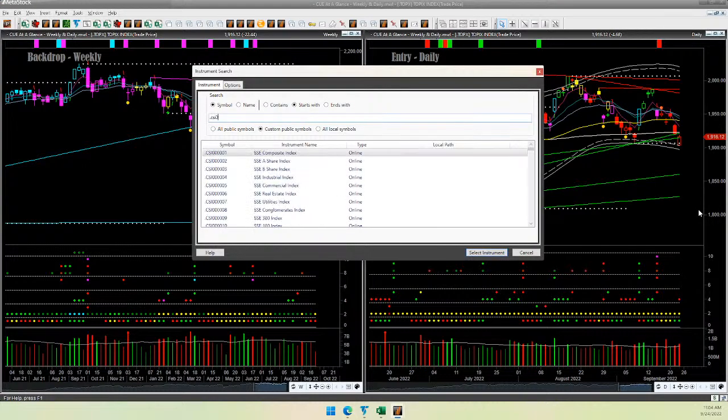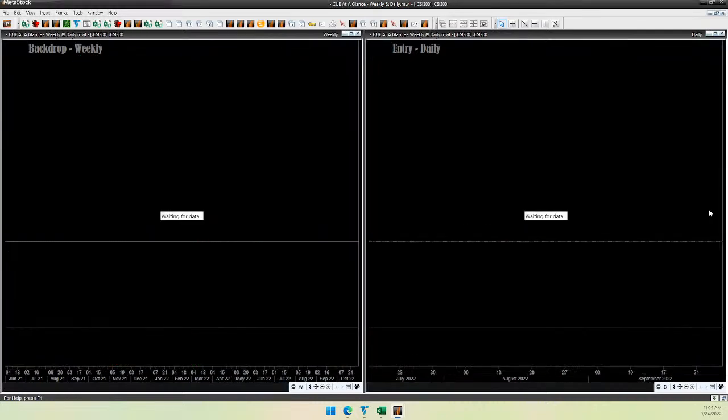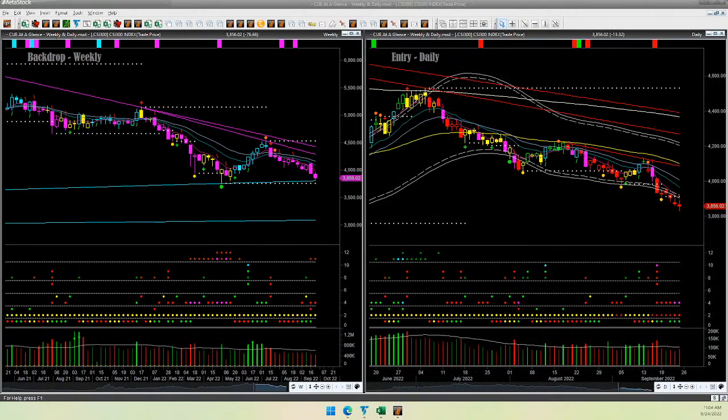What about China's CSI 300? Weekly backdrop color bearish, shape bearish. Again, weekly has trend line support.